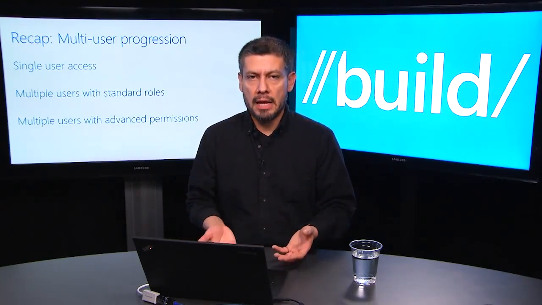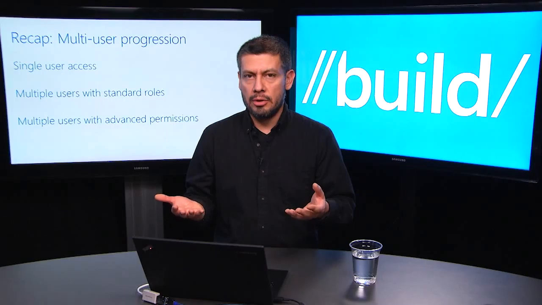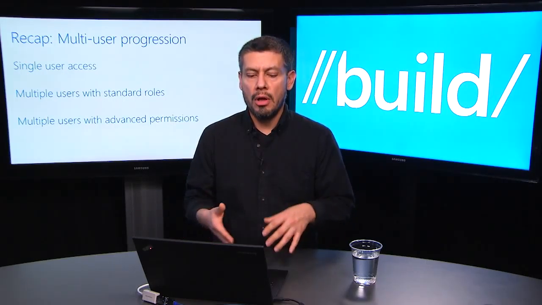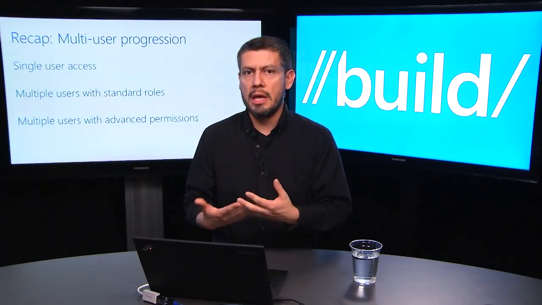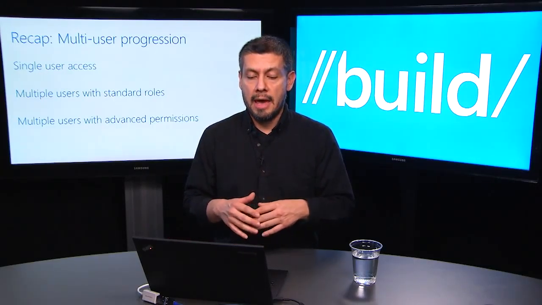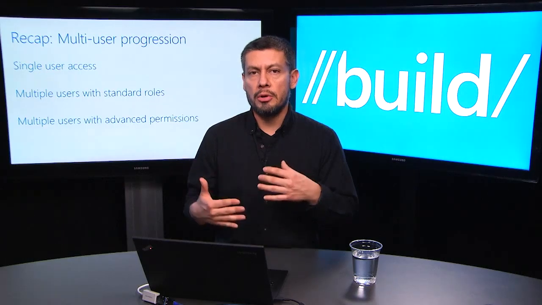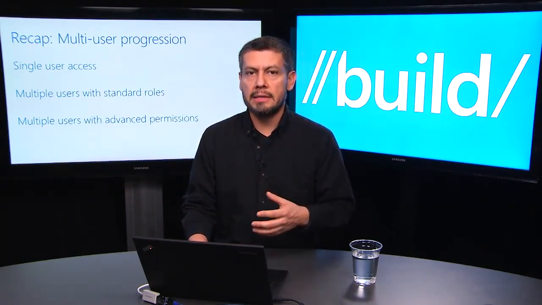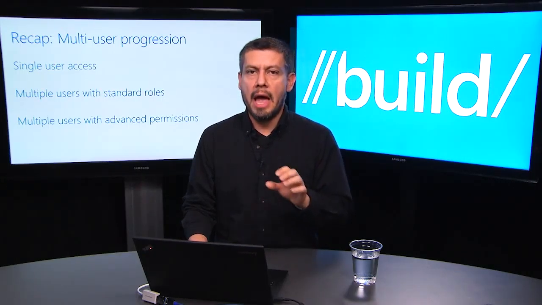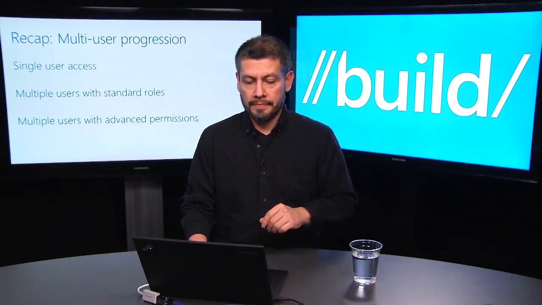If you want to start sharing access with your friends and you don't need too much granular control, you can start using the multi-user capabilities that we have today with the standard roles. And if you want to wait for the summer to start using the advanced permissions, you can start segregating access by product and by action in Dev Center.